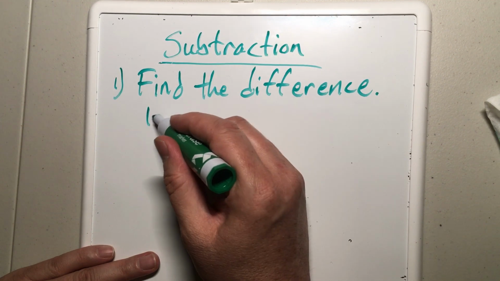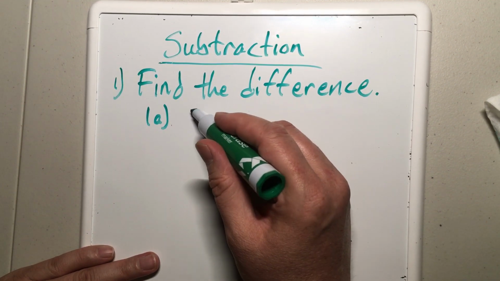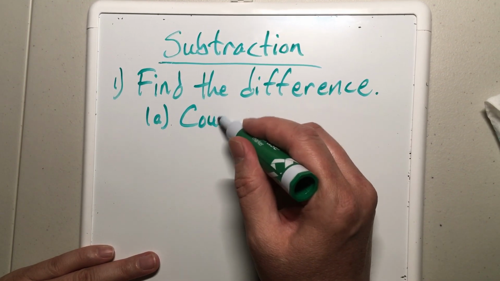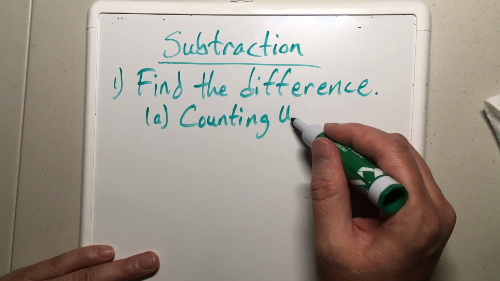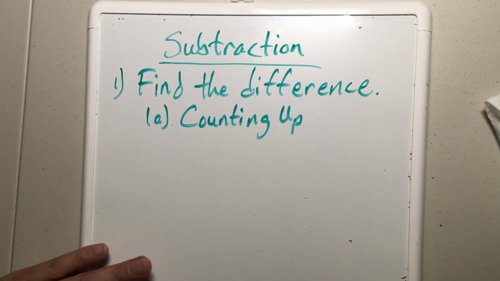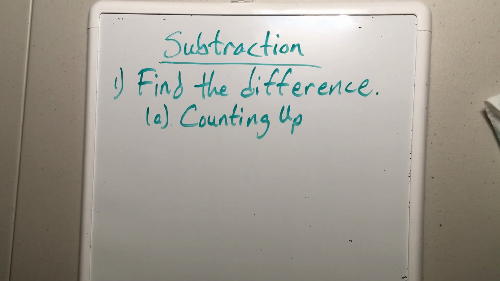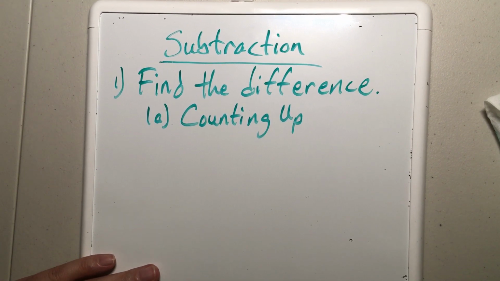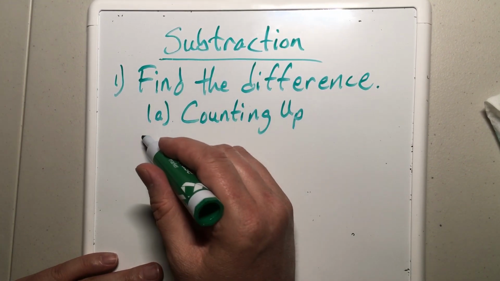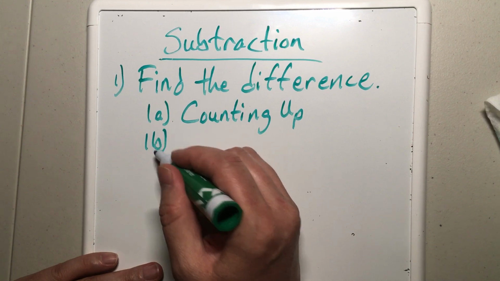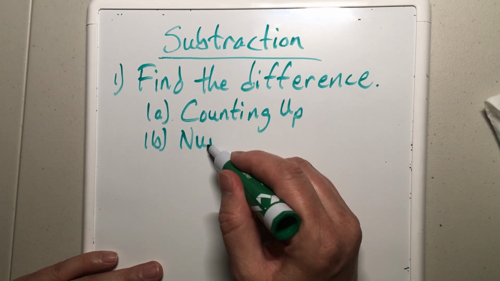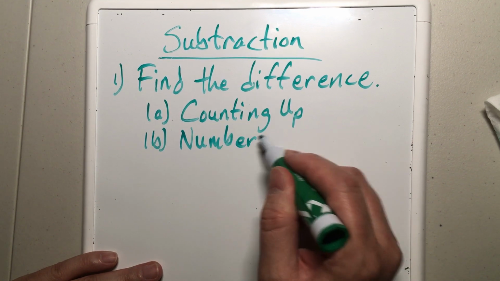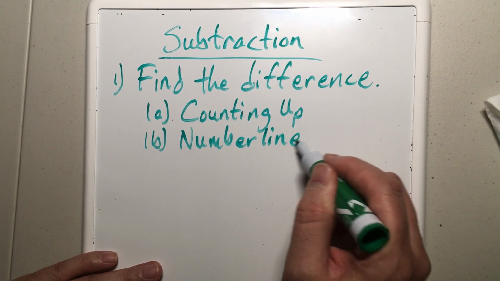We looked at the first example, which was called the counting up strategy. I like it because there's no borrowing. Great for your number sense. Excellent to be able to break the numbers up in certain ways. The next one was number lines. Remember that you can go forward or backwards with number lines.